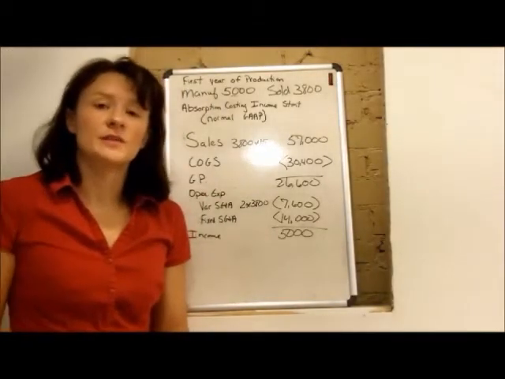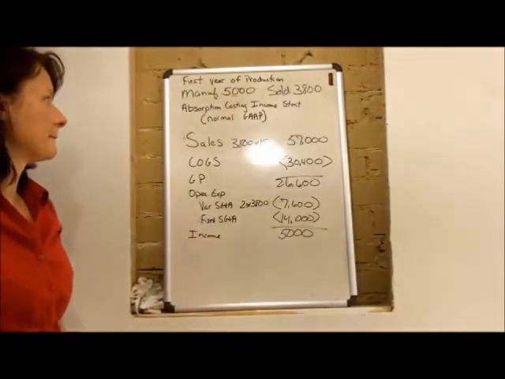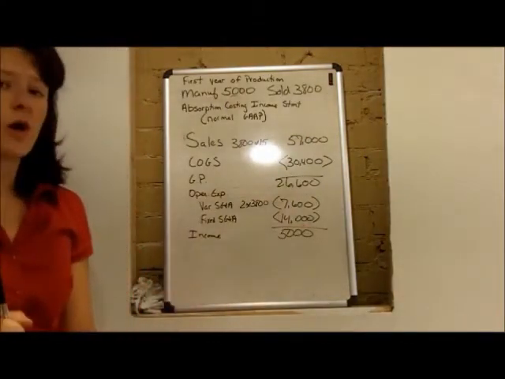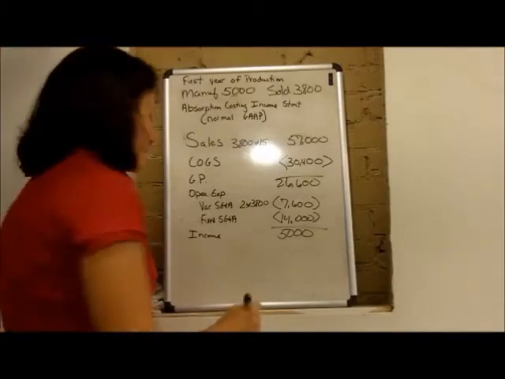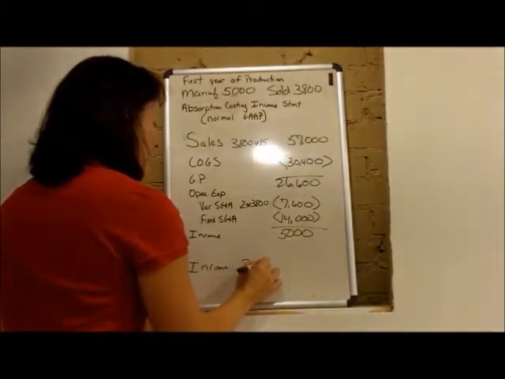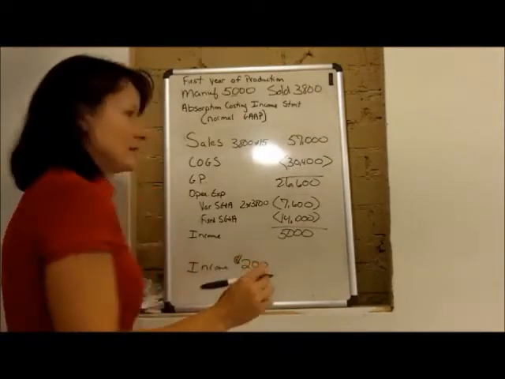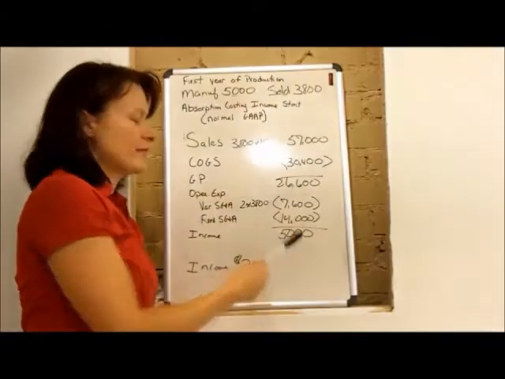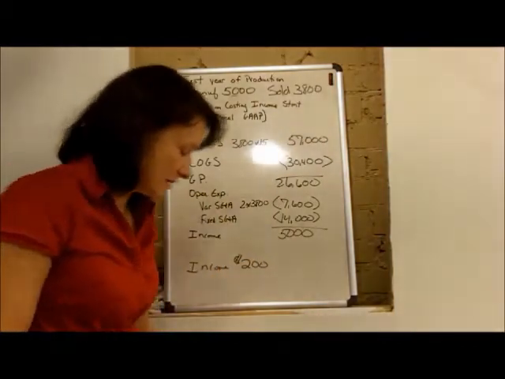At this point, you should be thinking, wait a second. Just a while ago, when we sold 3,800 units, we had income of $200. Now when we sell 3,800 units, we have income of $5,000.